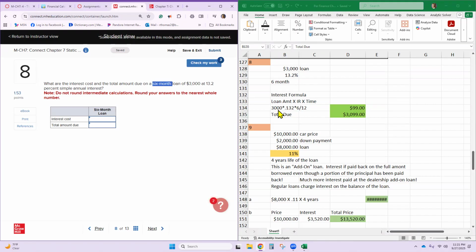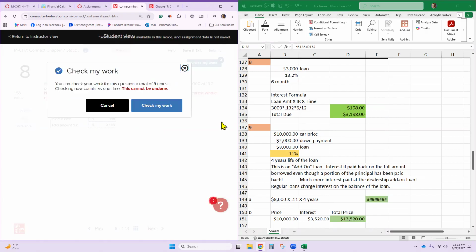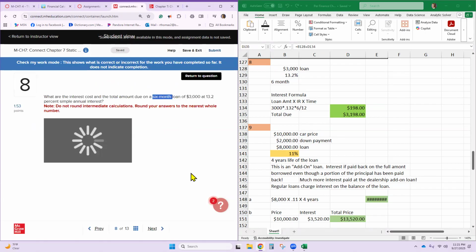So 3,000 times 0.132 times 6 over 12 gives you, let's see here, we've got to back up and put 3,000 in here. All right, there we have it. So the interest cost is $198. And therefore, to pay this back, we would pay $3,198. I believe that is correct.